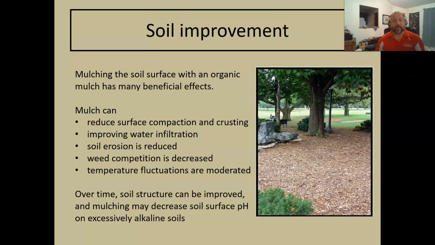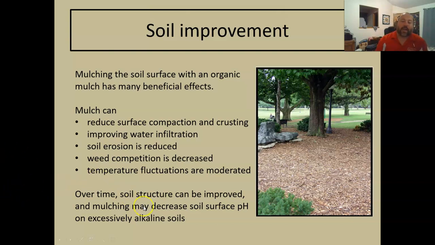Daily fluctuations meaning it's cold in the morning, then it heats up in the afternoon, and then it becomes cold again at night. If you have a good layer of mulch, it's just going to be kind of one temperature throughout the day. It's not going to have a big fluctuation. It'll maybe just change by a few degrees as opposed to 10 or 15 degrees.